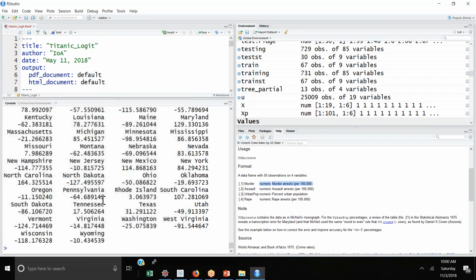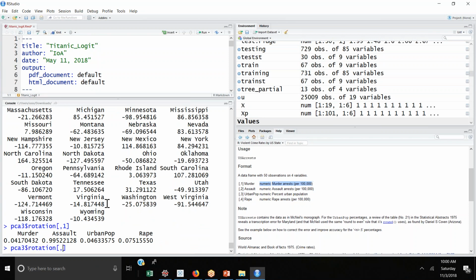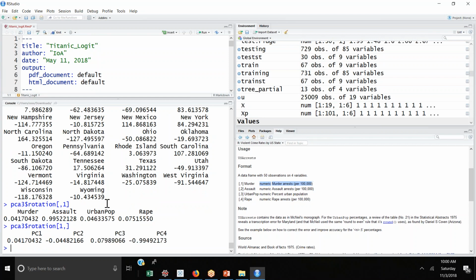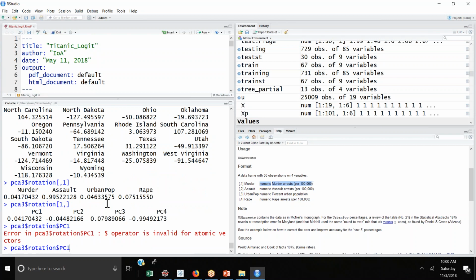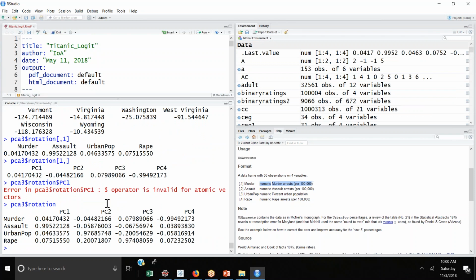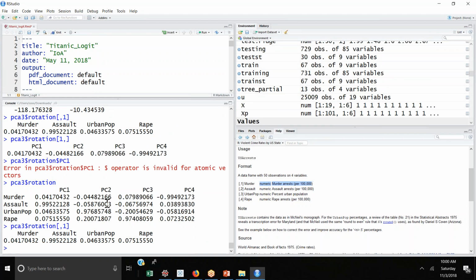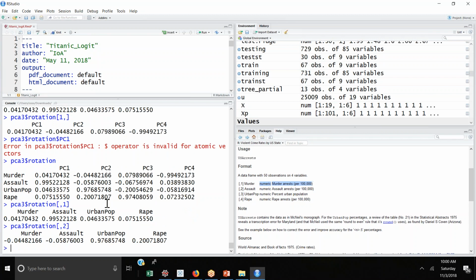No, I'm taking a wrong one. That's the reason why I didn't get it. Okay, yeah. See, I was looking at this one. This is right. The first PC1 is this one. Everybody? The second PC is this one. Okay? Everybody?